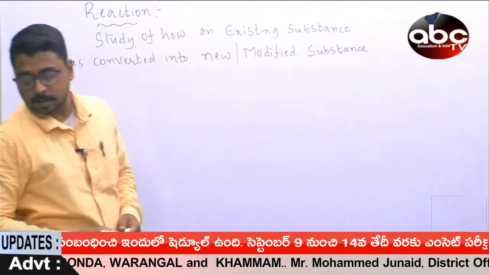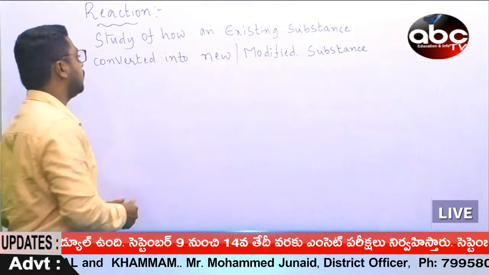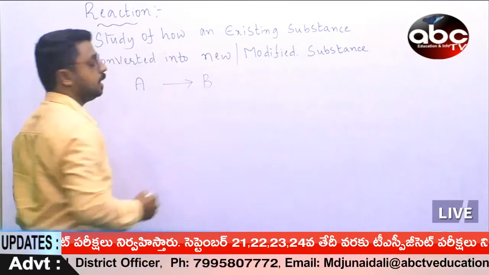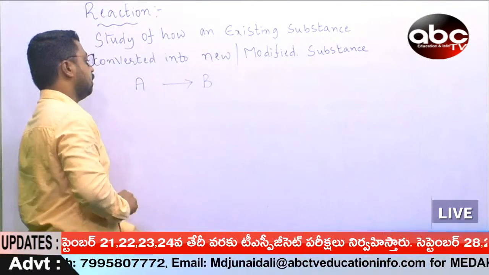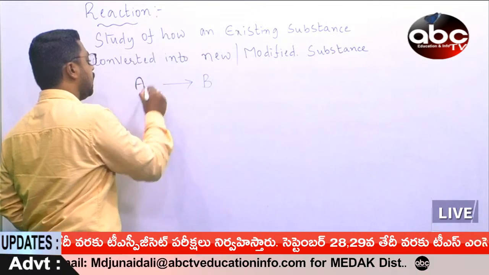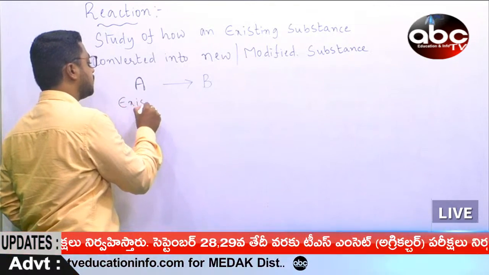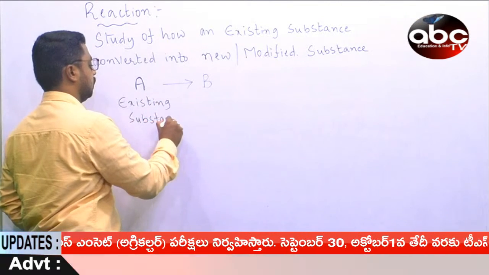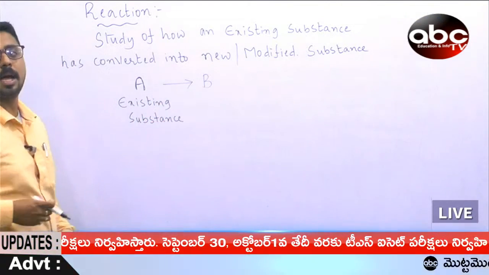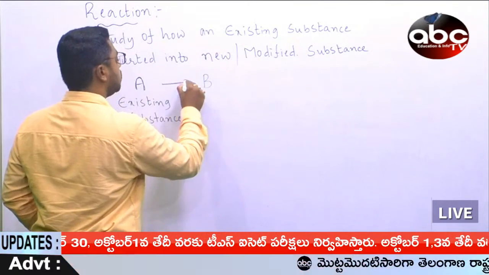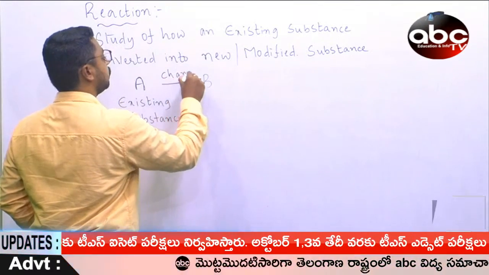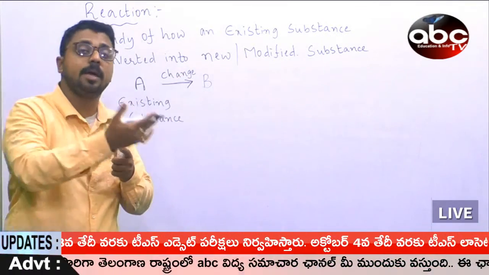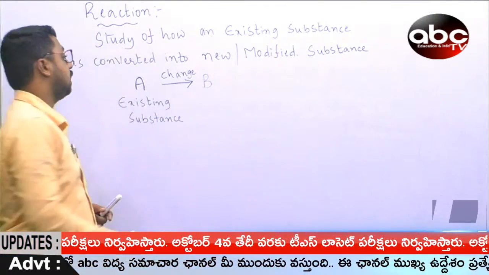So as a part here, we would like to go on with the simple method. A gives rise to B. So what about this one? A is nothing but an existing substance, and of course this is a change. That is a change you apply, maybe physical or maybe chemical.